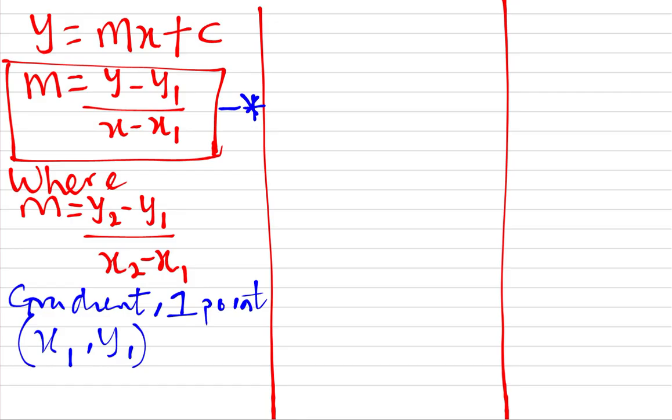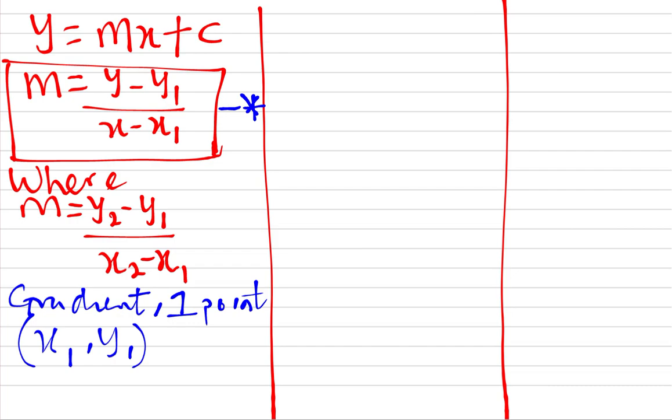But if you don't have the gradient, then automatically you will be given 2 points. So when you don't have the gradient, you would have to find the gradient, so you will be given 2 points.